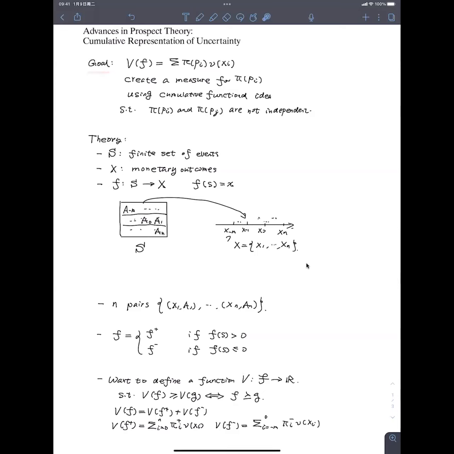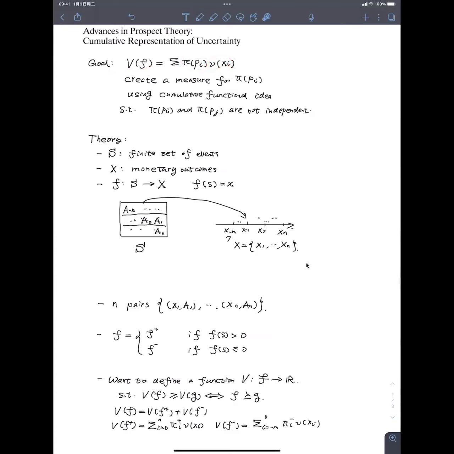Basically, the goal is this: in class we know that to value a lottery, we sum over the decision weight multiplied by the value of a specific case.